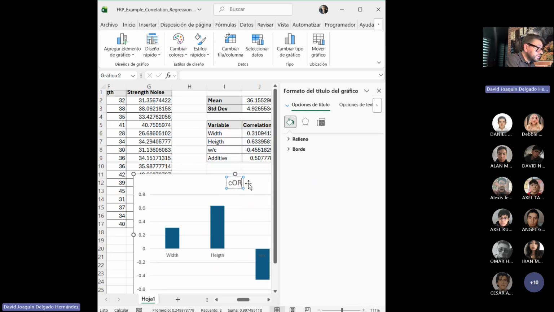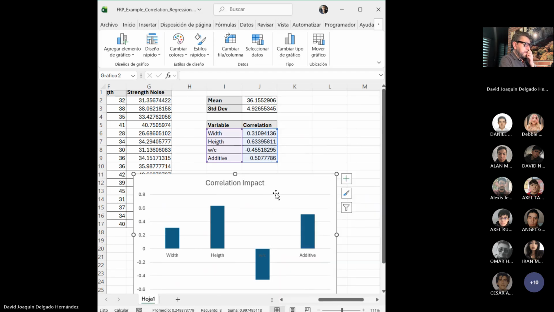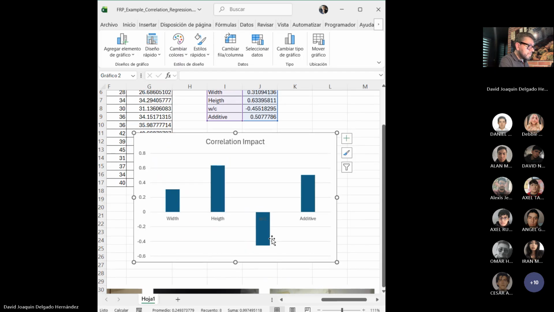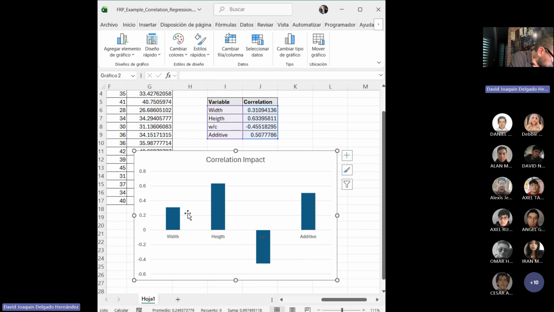So this is correlation or correlation impact. So this is the width, the height, the water cement relation, and the additive, okay?